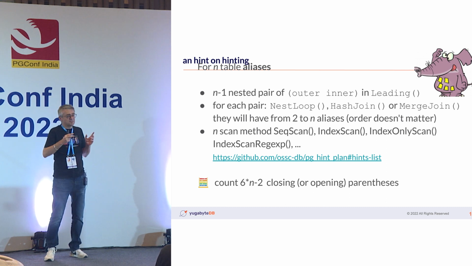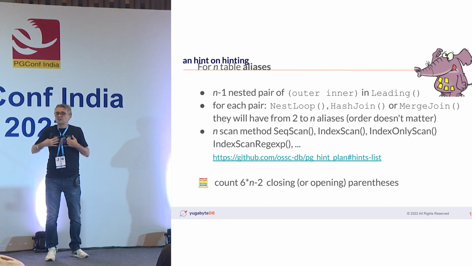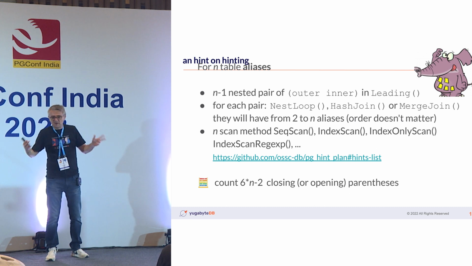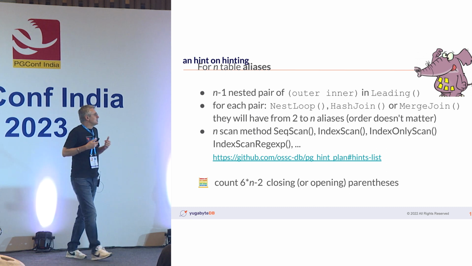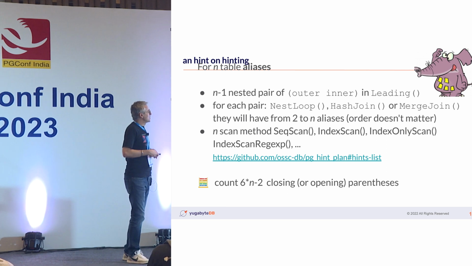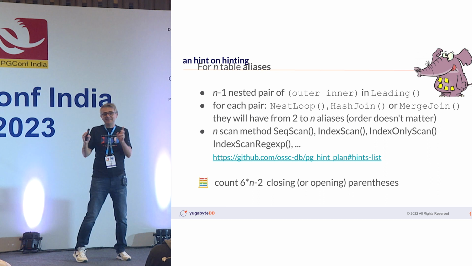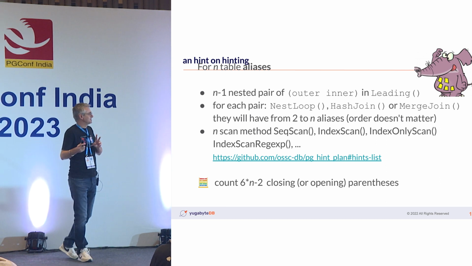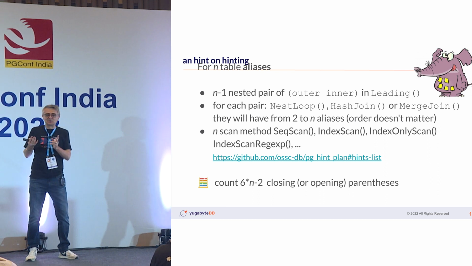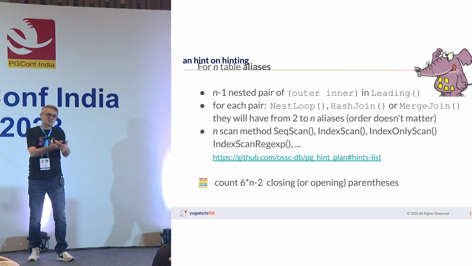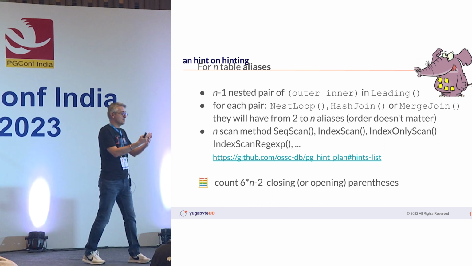So if you have n table aliases, in my demo I had 3, you may have 10. You should have n-1 nested pairs of outer, inner in the leading hint. For each pair, you should have a method, hash join, nested loop, merge join.